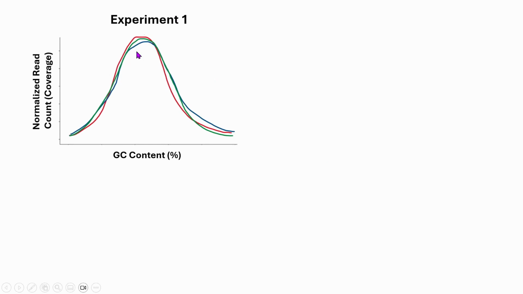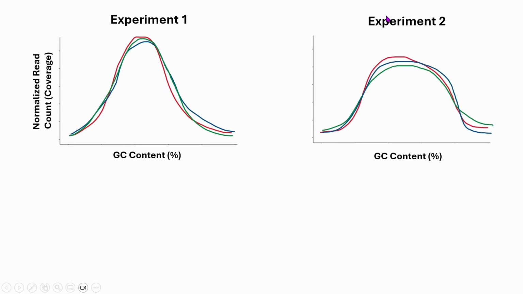But if we take those same three people and again do the sequencing in a different lab or in a different environment, then you can see that the GC bias curves now actually look very different. This is a very common phenomenon, and this is called batch effect. Batch effect refers to a phenomenon where some curves or some analysis is very much influenced by the difference in environment rather than the difference in the biological property.